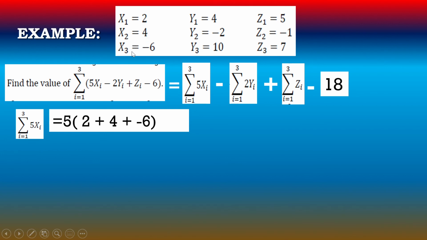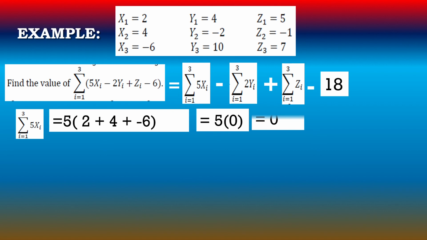X sub 1, x sub 2, x sub 3. Ayan yun. And then, may constant tayo sa labas. Multiply lang natin. So, 2 plus 4 plus negative 6 is 0. So, 5 times 0 is 0. So, this is the sum of the first term.